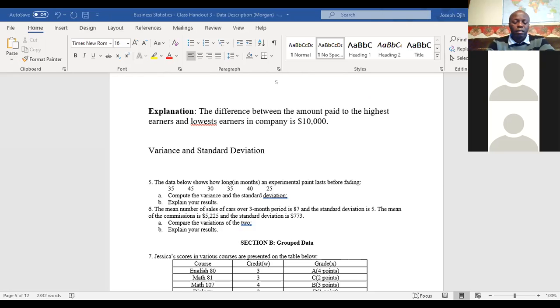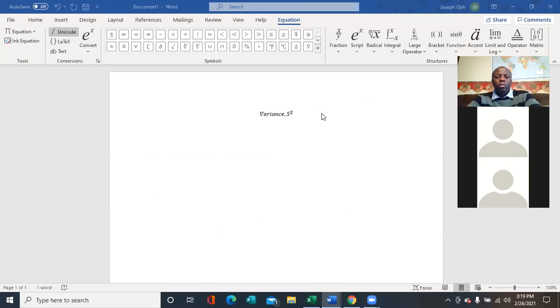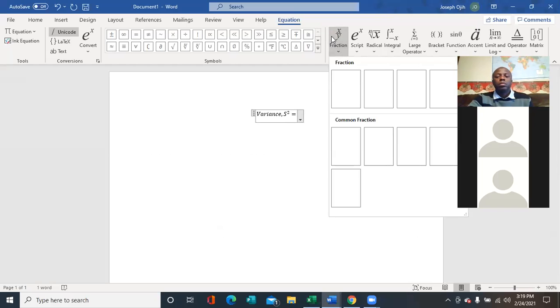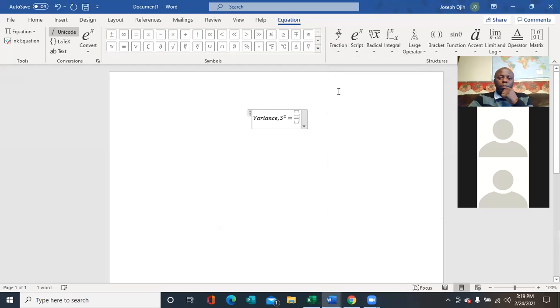So this is the variance right here. Equals summation of x squared.